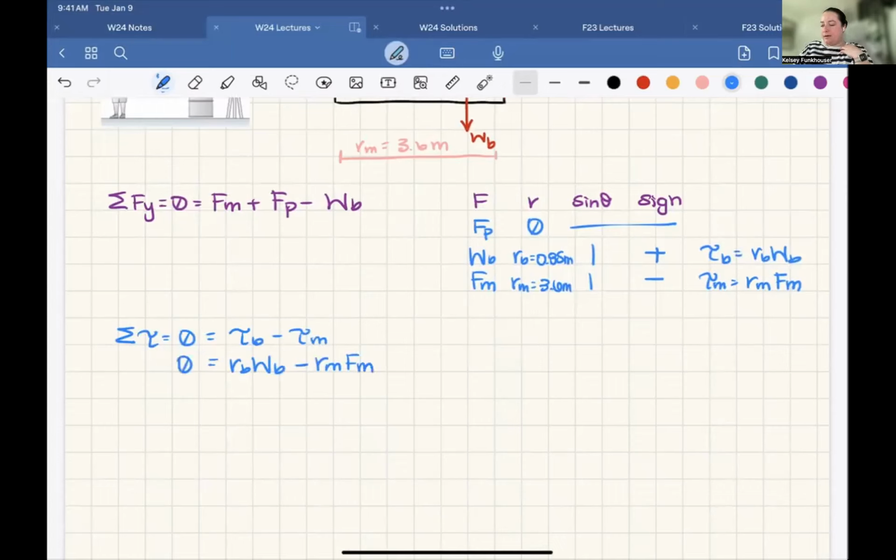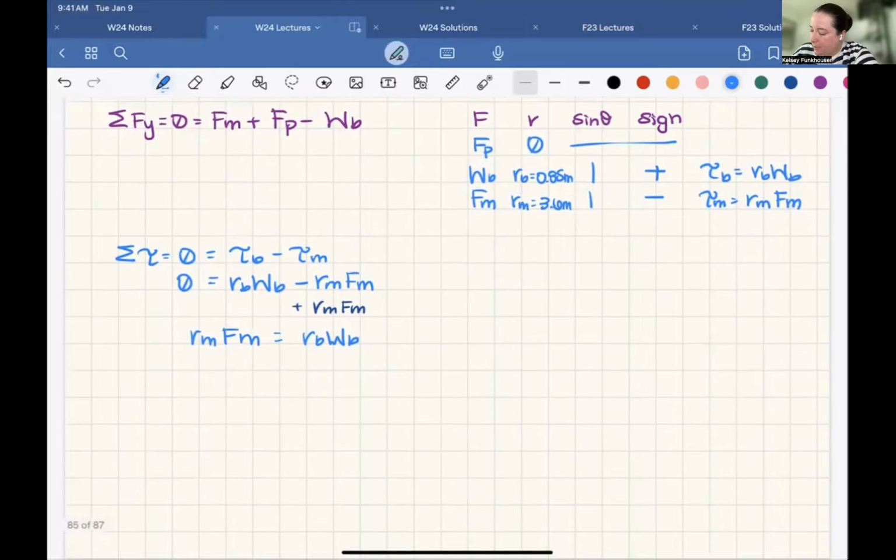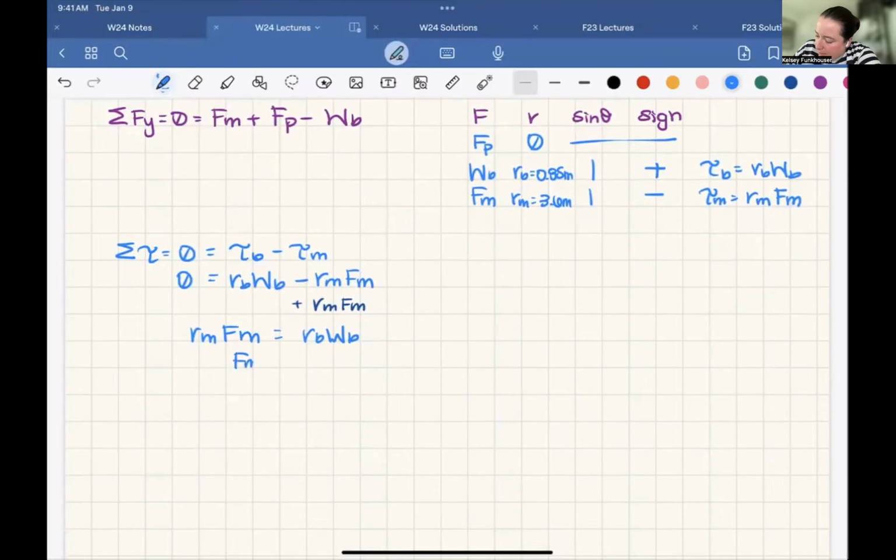And this all equals 0, so we know our distances, we know the weight of the bucket, so we can just solve for the force of the man. We'll just add RM, FM to both sides, and then divide both sides by RM to get FM by itself.